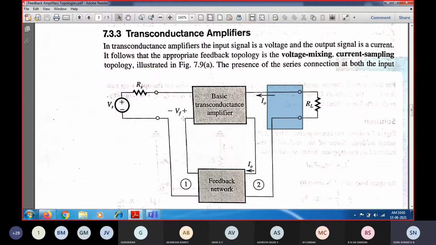And since the input is voltage, the feedback voltage needs to be mixed in series at the input side with the input voltage signal source. So it is called series configuration, also called voltage mixing current sampling.